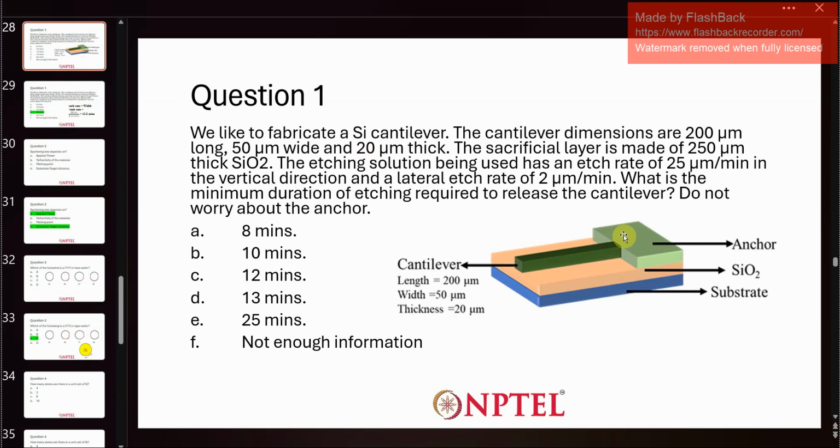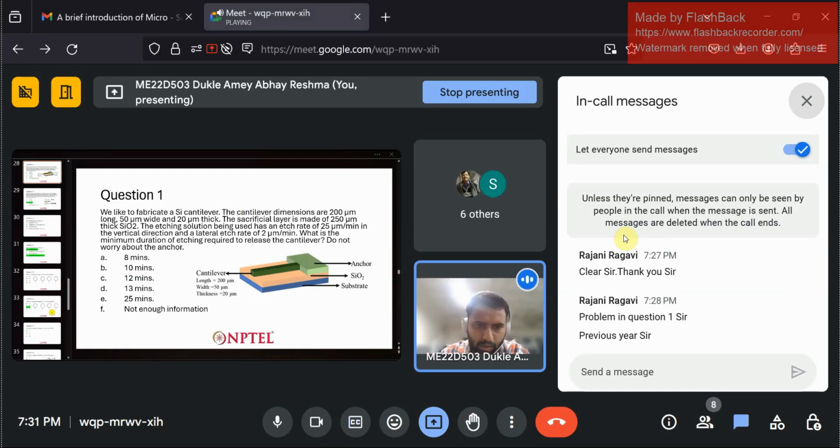We need to remove the area which is below the cantilever. So the lateral etch rate of that etchant is all that matters. So now we know that we only care about the lateral etch rate, we don't care about the vertical etch rate. Am I clear till now?